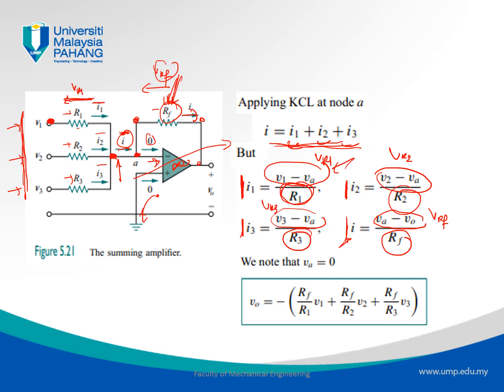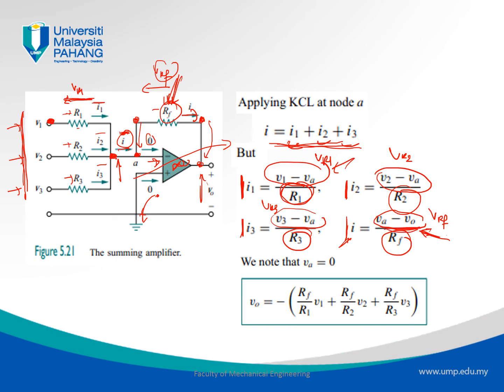This point is the same thing as this point, so it is VA. And this point is the same thing as this point, which is the output voltage VO. So that's why at the end here, VRF is VA minus the output voltage VO.